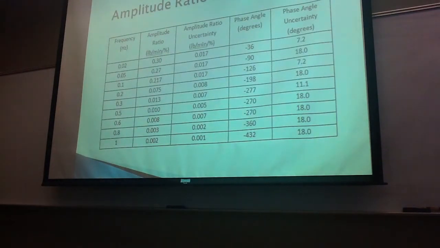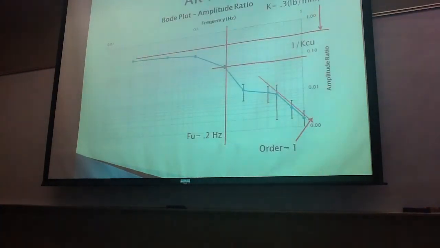And as you can see, amplitude ratio decreases as the frequency goes up. This can be better seen on a Bode plot. Here's the top half, which is amplitude ratio versus frequency. You can get your value for gain from the asymptotic value of the amplitude ratio.